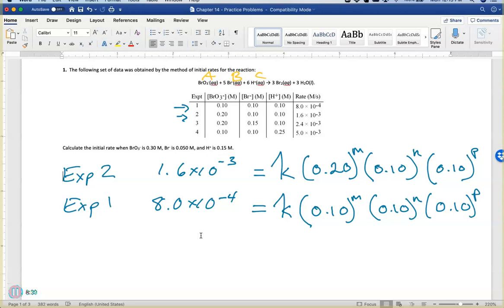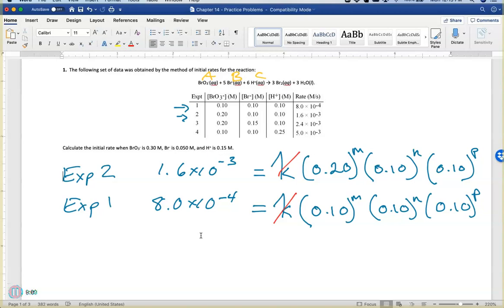So what we can see then is a couple of variables fall out, because right now we have 4 unknowns. Well, k will fall out because they're identical, because we're talking about the same reaction under the same temperature conditions. We've just changed concentration, so k will be the same. 0.2 raised to the mth divided by 0.1 to the mth.